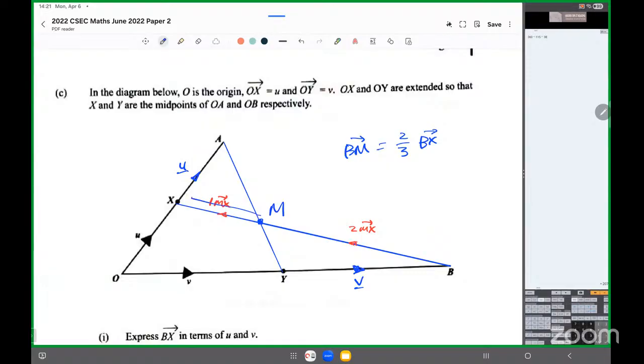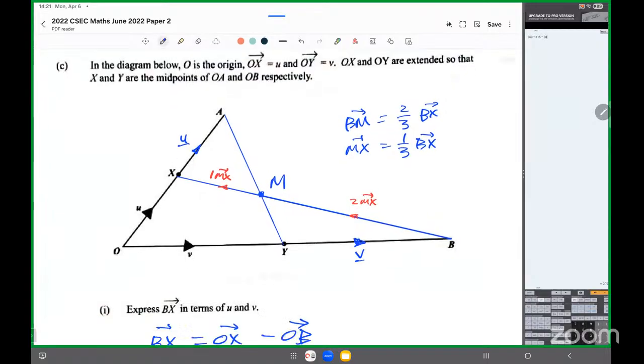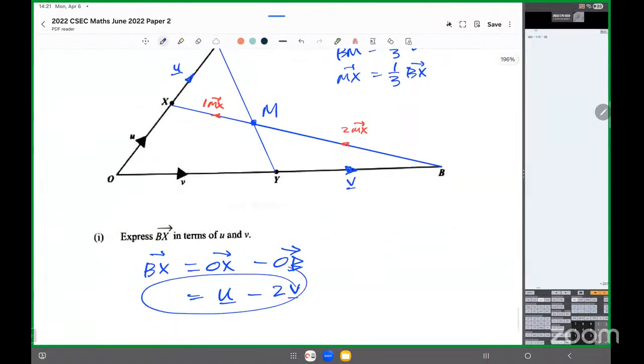And then MX is 1/3 of the whole thing, of the whole BX. It's good to write them in terms of BX. Why? Because I already worked out BX. You know what BX is already.